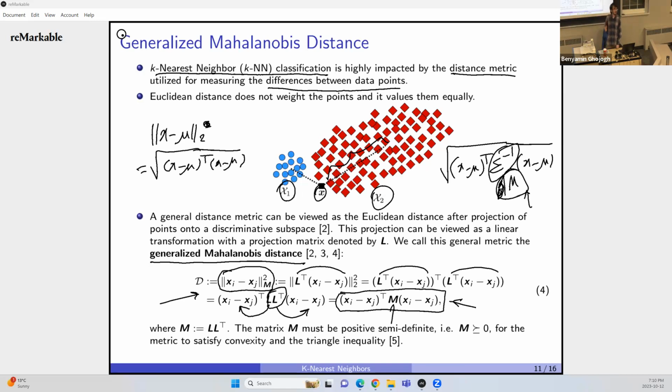Because if you apply that linear projection, what does it do to these clouds of points? Can you tell me? Their variances become equal. So if the variances of the scatters of the classes become equal, then you can simply use Euclidean distance, right? That's the linear projection. What it is doing, that's interesting. Okay.